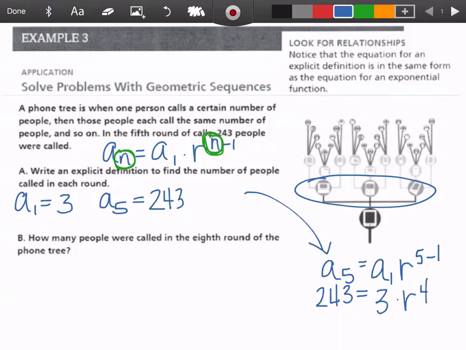Now we just solve for r. We solve for r by dividing by 3 on both sides. We get 81 is equal to r to the 4th power. To get rid of the 4th power, we're going to take the 4th root of both sides.